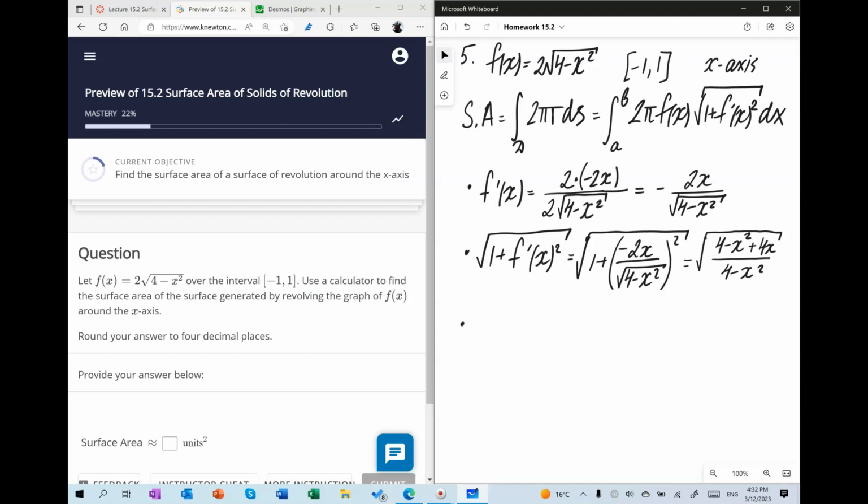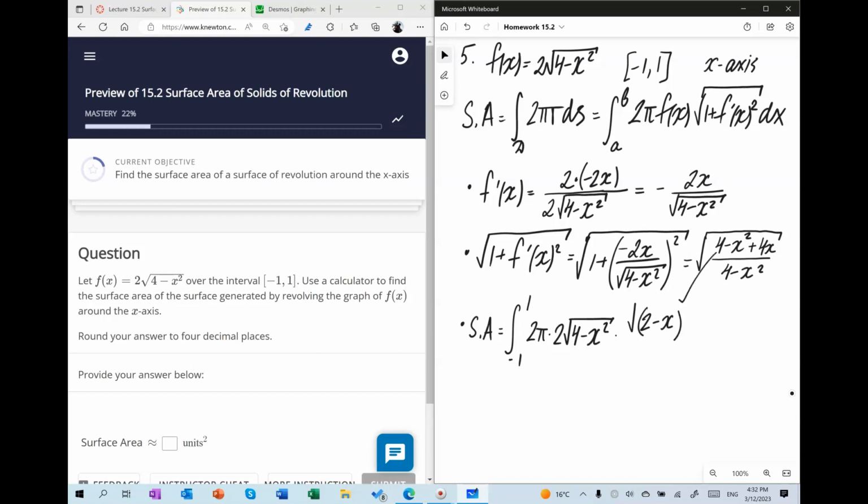So we're just going to set up this surface area integral. It's going to be an integral from -1 to 1 of 2 pi f of x, which is 2 times the square root of 4 minus x squared, times the square root of, it looks like we could have done it by hand.